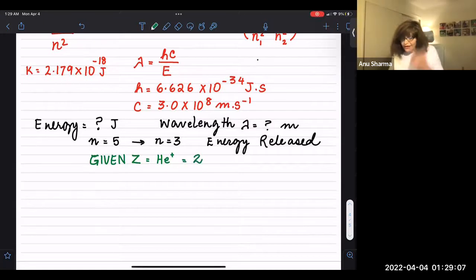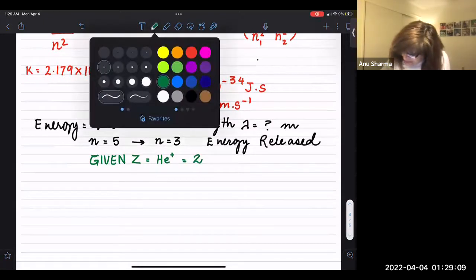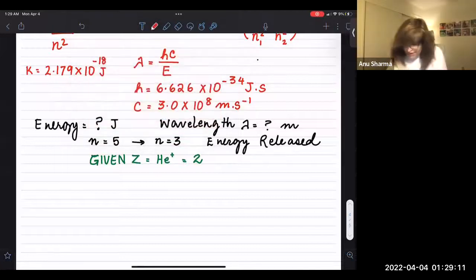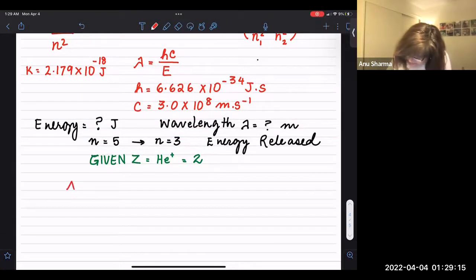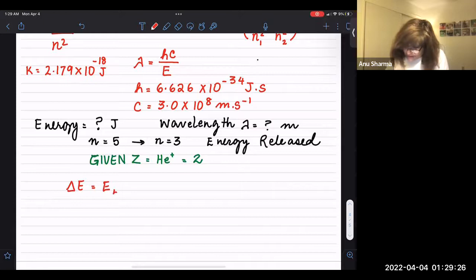With that said, in order to bring in the change in energy, we first have to look at the energy when n is equal to 5 and the energy when n is equal to 3.